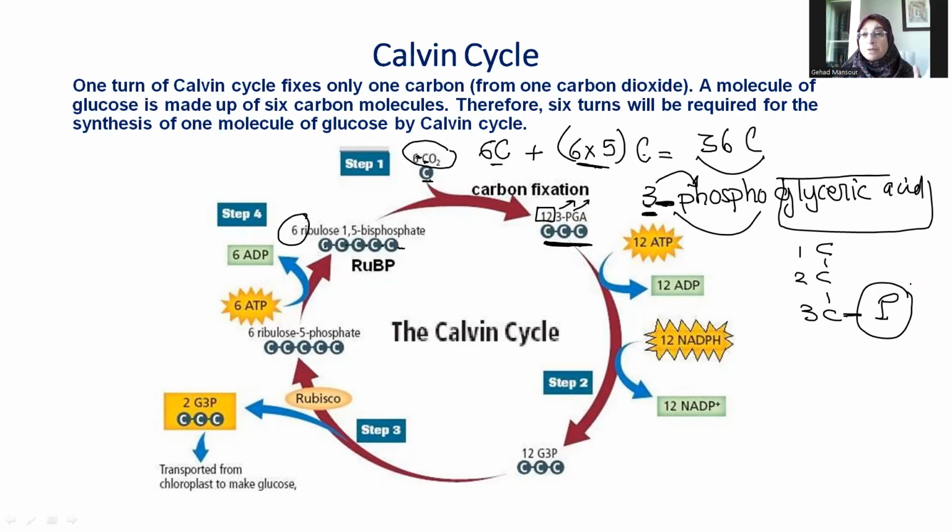So how many molecules of that 3-phosphoglyceric acid do we have? 12. Does it make sense? Yes, it does, because phosphoglyceric acid is formed of 3 carbon atoms. When you have a compound that consists of 3 carbon atoms and you have 12 molecules of it, 12 by 3 gives 36 carbon atoms, which is exactly the amount of carbon atoms we started with when we allowed 6 carbon dioxide molecules to combine with 6 ribulose bisphosphate molecules.